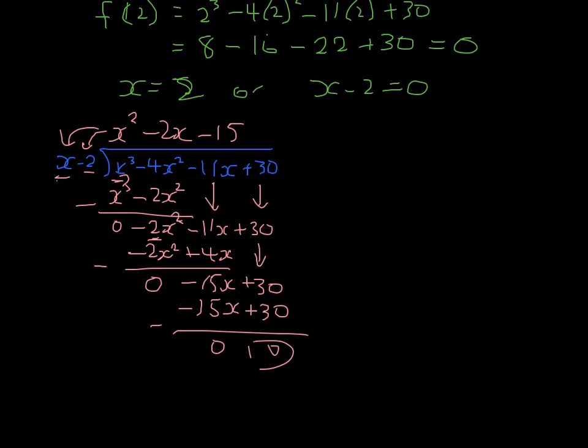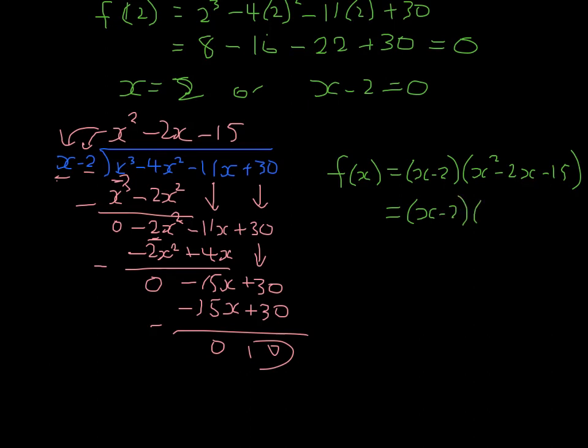So now that means that our function equal to x squared take 2x take 15 is what we found as our quadratic factor, but I'm sure we can do something further with that, times x minus 2.